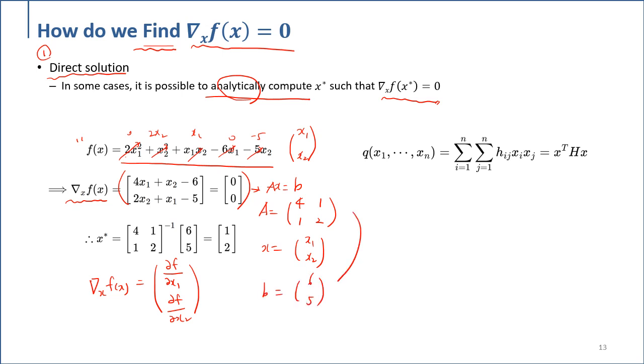From that, we can compute the solution x equals A inverse times b, and we are able to analytically find the minimum solution. This is a very lucky case, where we were able to obtain the point where the gradient is equal to 0.